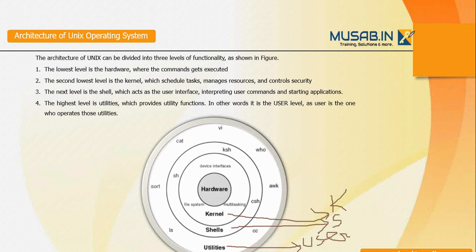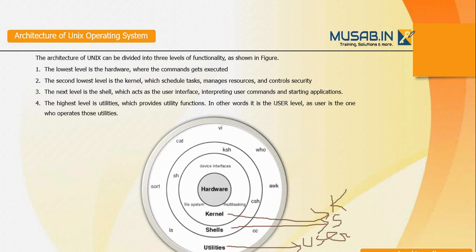If kernel is alive, the OS is alive. And we understood the definition of operating system in our introduction class: OS is an interface between user and hardware. So that interface activity, like talking to hardware and getting back the information, is not done by the whole operating system. It is actually done by kernel.